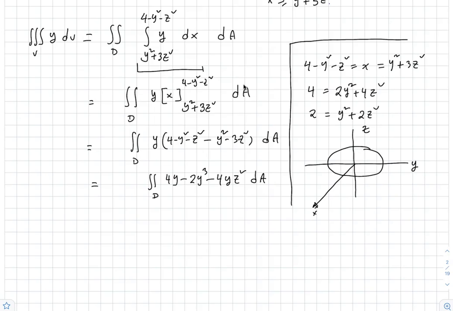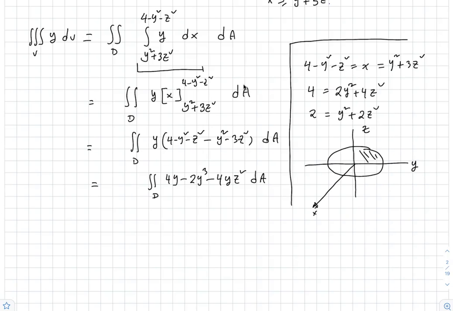So in the yz plane, the first octant would be this one. So the first octant is y positive, x positive, z positive. Okay. So that tells me something.